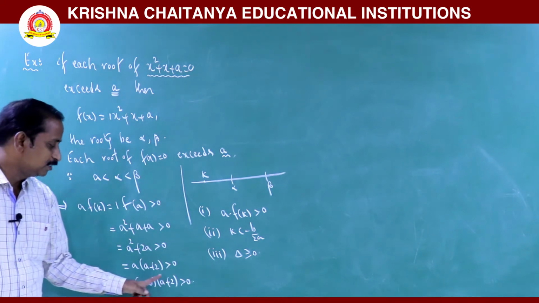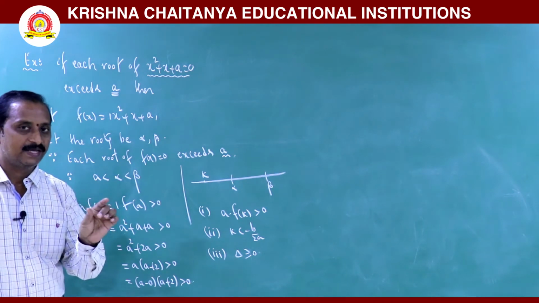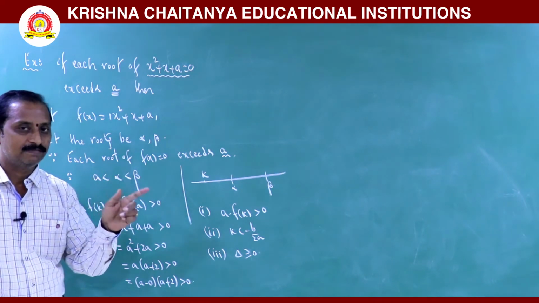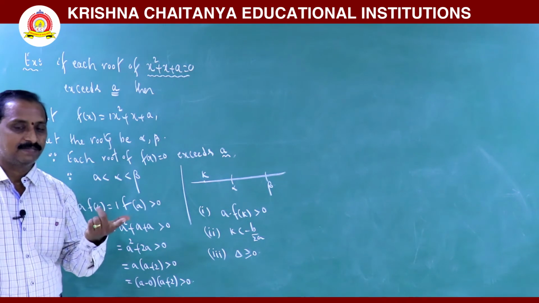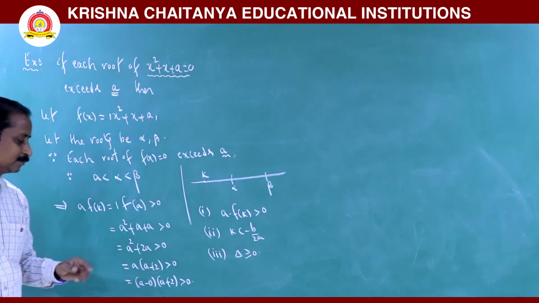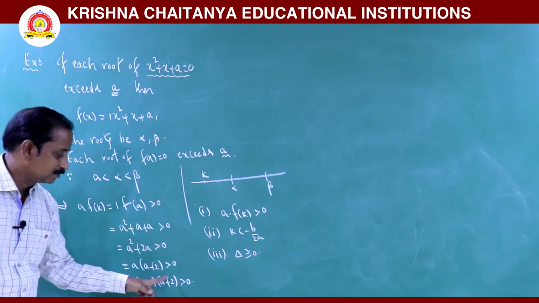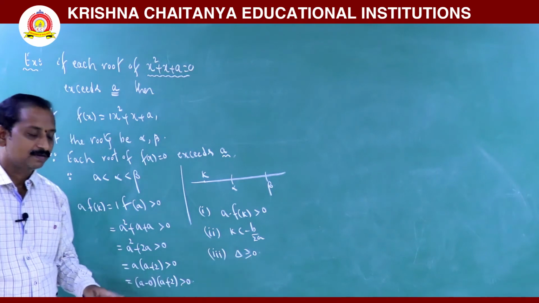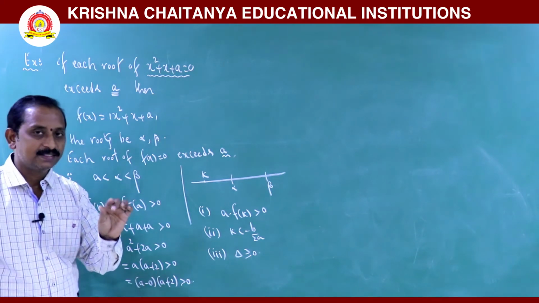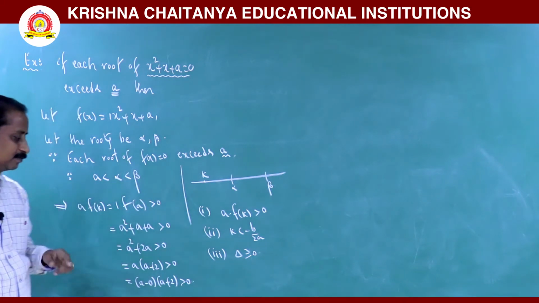If a into a plus 2 is equal to 0, the values of a are 0 and minus 2, in which minus 2 is the negative one and 0 is the other value. Now, we know the basic rule: x minus a into x minus b greater than 0 means x less than the minimum value or x greater than the maximum value.